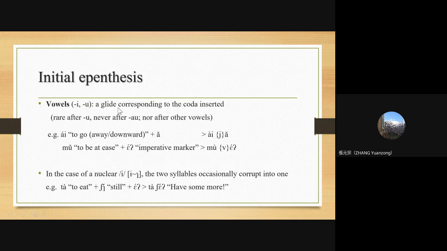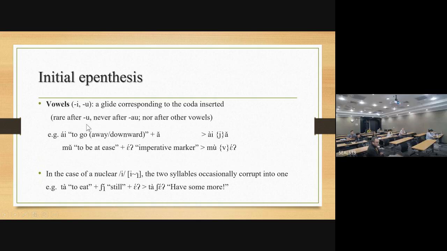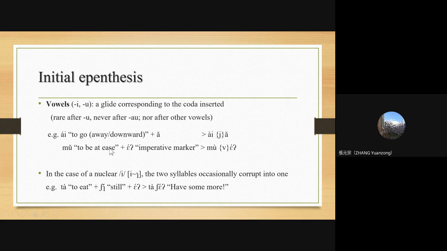For glides or vowels, e and u, the situation is almost the same, but only one point is different: u rarely causes the epenthesis. There's only one example for u, but a lot of examples for e. Like the aya, which has been mentioned before, and mu, to be at ease, plus the imperative a, would become wu.